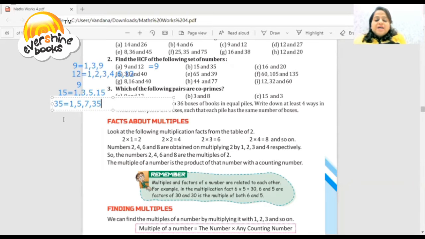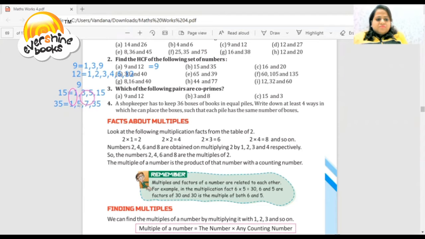Tell me which is the highest common factor. Choose the common factors between the factors of 35: 1, 5, 7, 35, and the factors of 15: 1, 3, 5, 15. So which is the highest common factor? It means 5 is the highest common factor. You can mark a circle here so that you can find it easily: 1 and then 5.